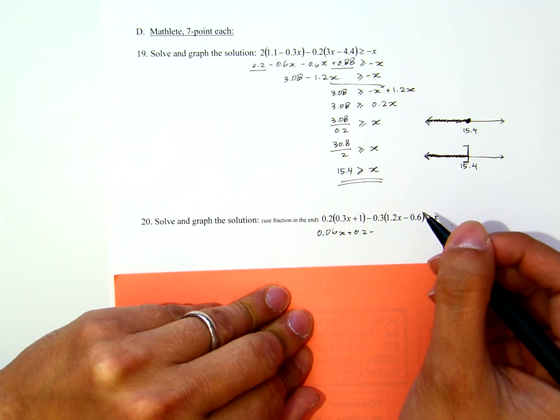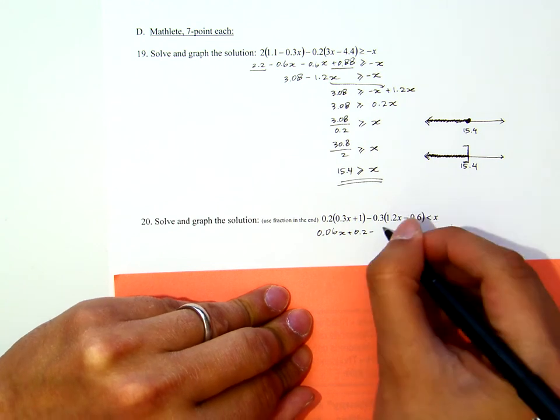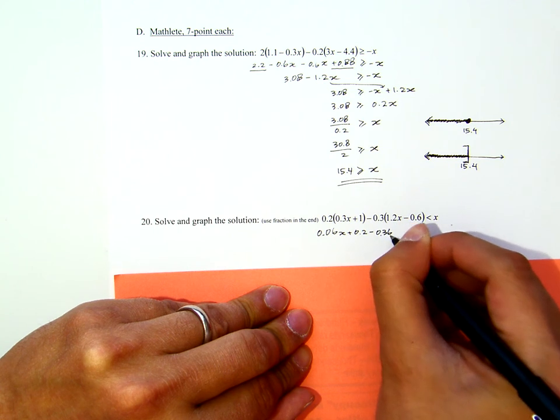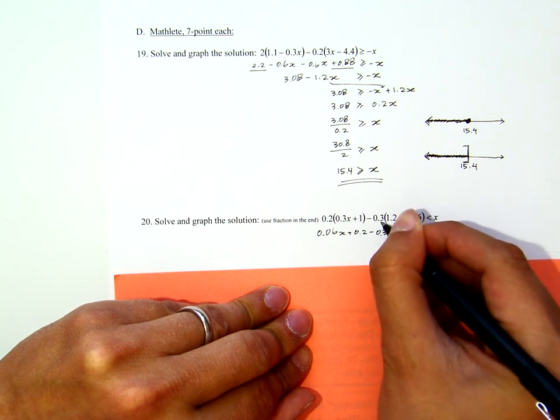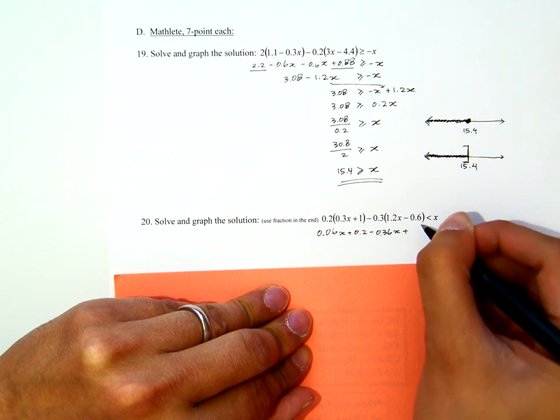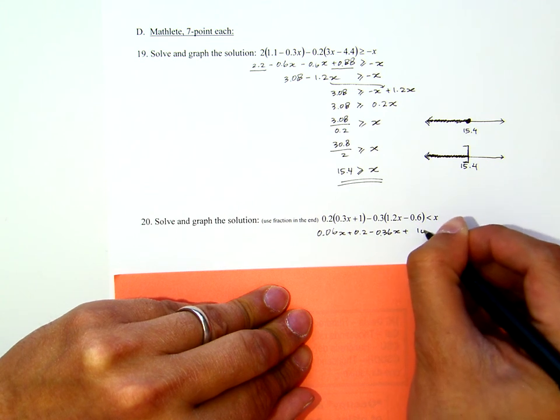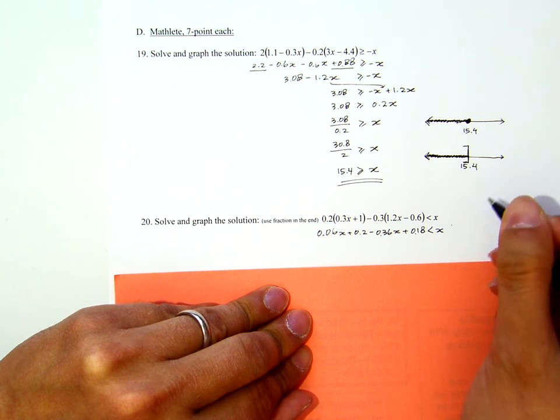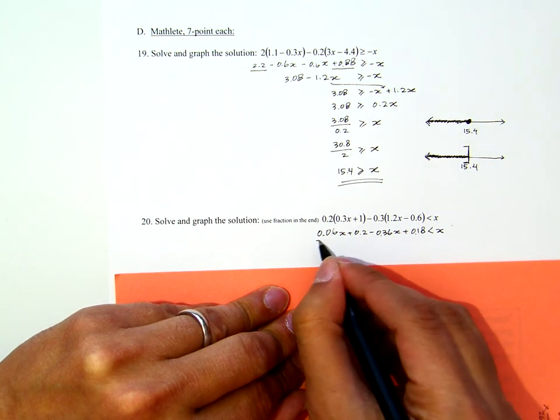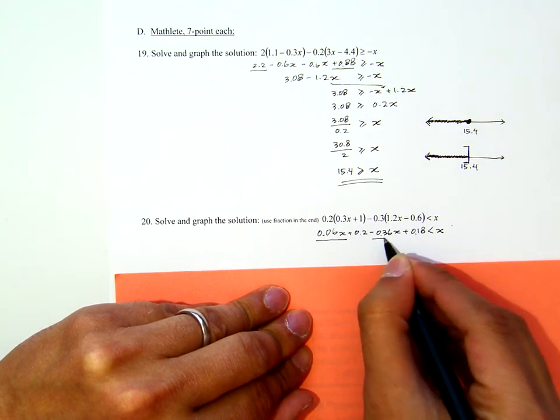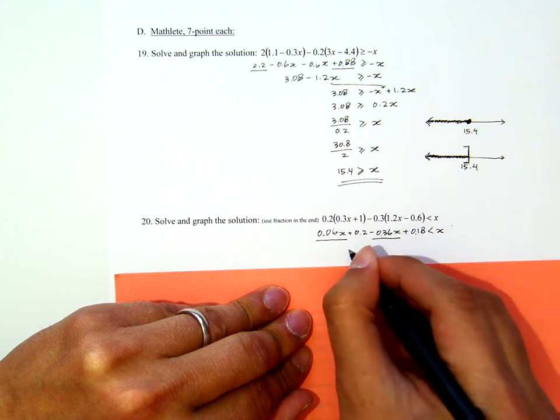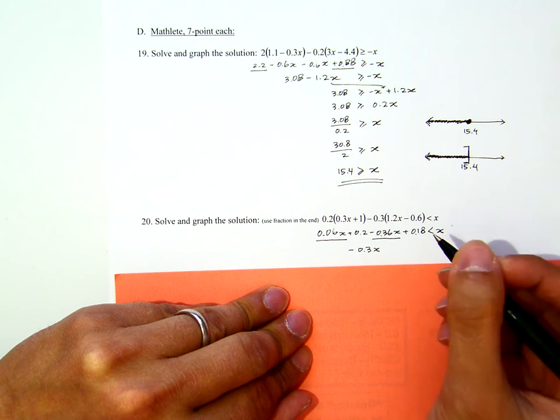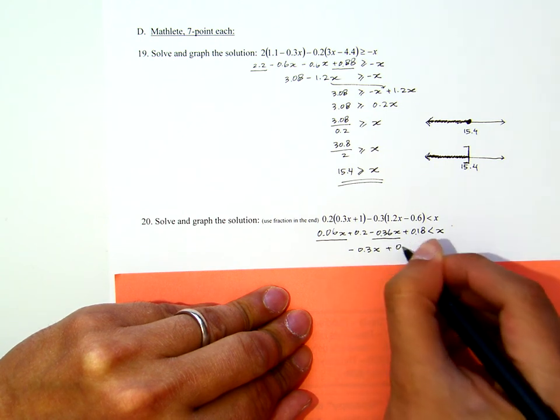That's 3 times 12, which is 36 with 2 decimal places, right? x plus, likewise, 0.3 times 0.6 is 18 with 2 decimal places. Now from here I will combine like terms. That will give me negative 0.3x plus 0.38.